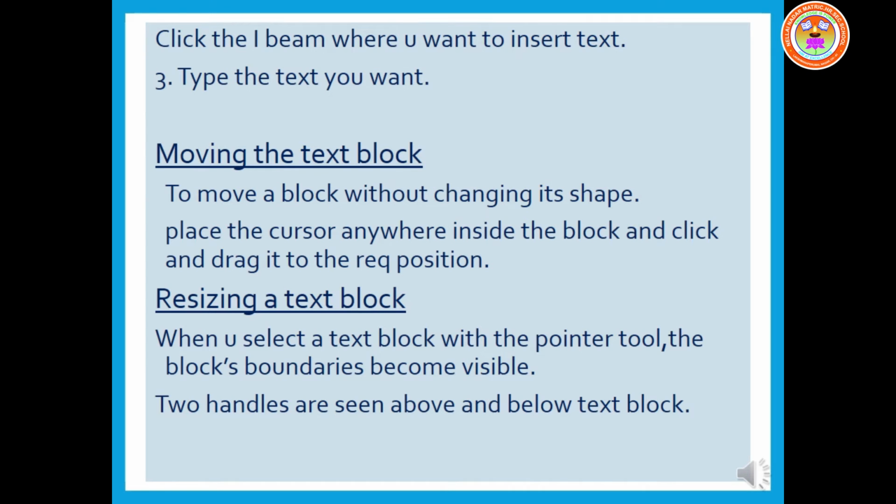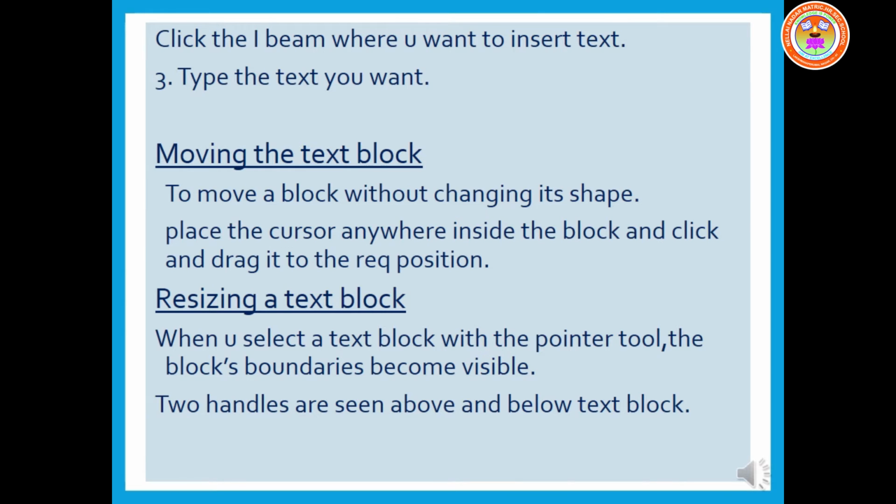Now click the I-beam. Wherever you want to place the text, you have to click the I-beam. After that you can type the text. So this is the way you have to create a text block. Next is how to move the text block.